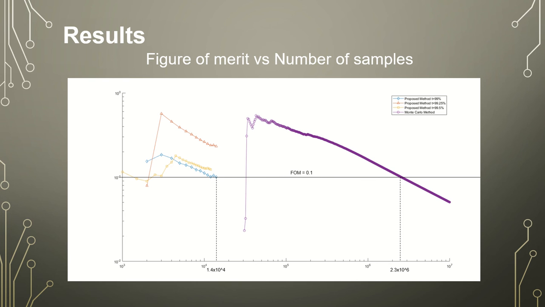However, for the other two cases with the proposed algorithm, where t is slightly greater than 99%, it looks like it needs more samples to converge. And for the Monte Carlo method, it needs 2.3 times 10 to the 6 samples to converge.